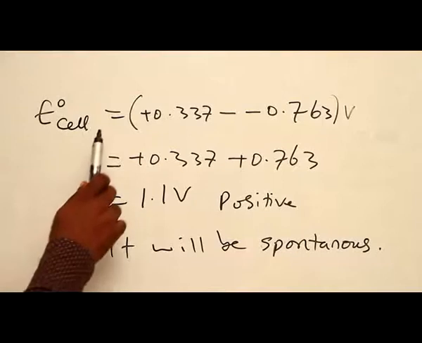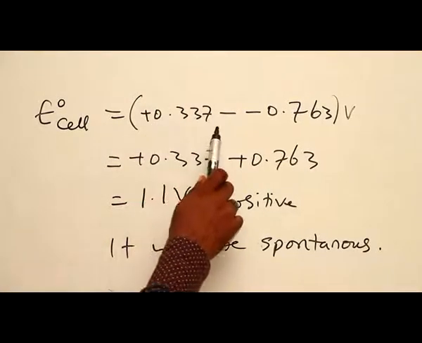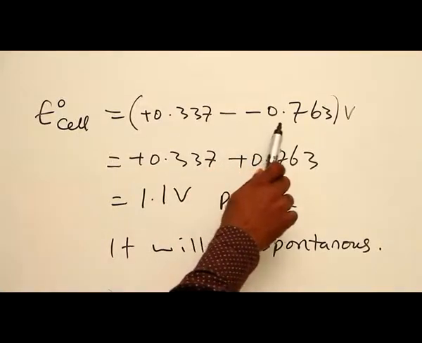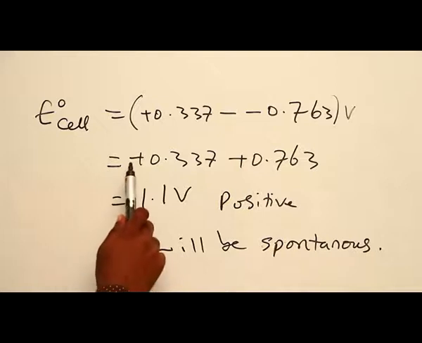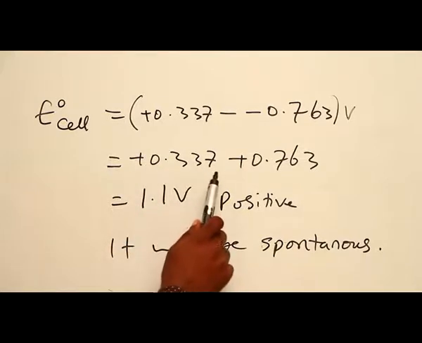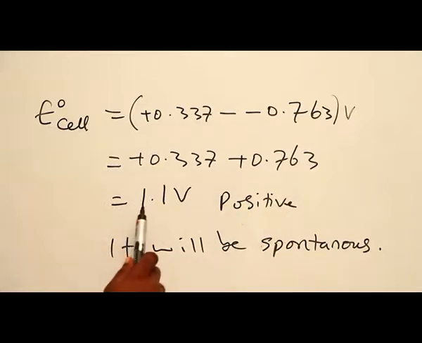E0 cell equals bracket plus 0.337 minus bracket minus 0.763 bracket close volt, equals plus 0.337 plus 0.763, which equals 1.1 volt positive. It will be spontaneous.